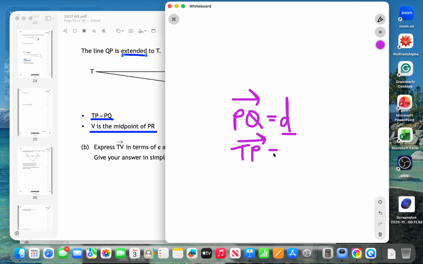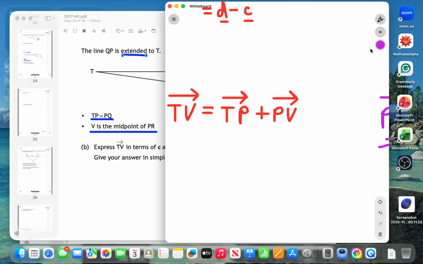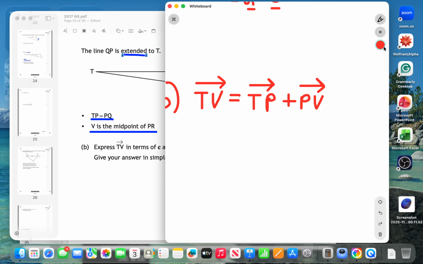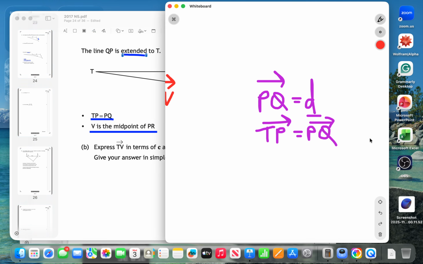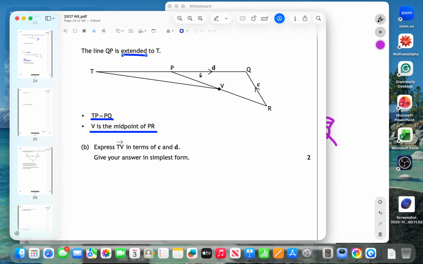equals PQ. So we then have that TP is equal to D. And just check the direction goes this way.